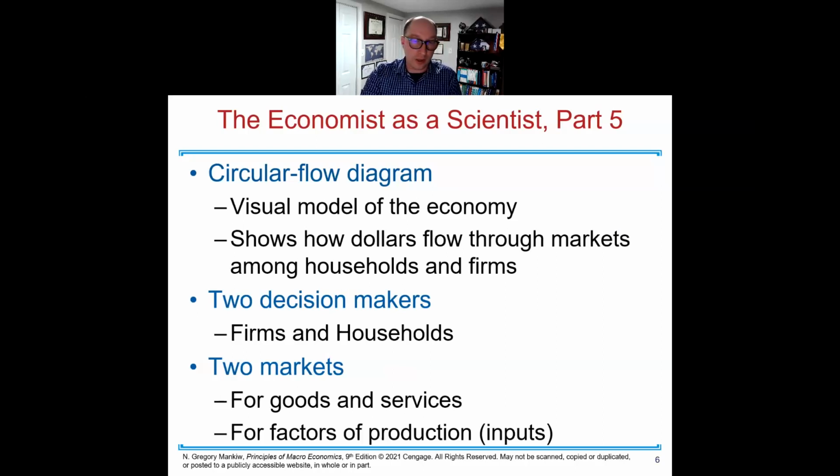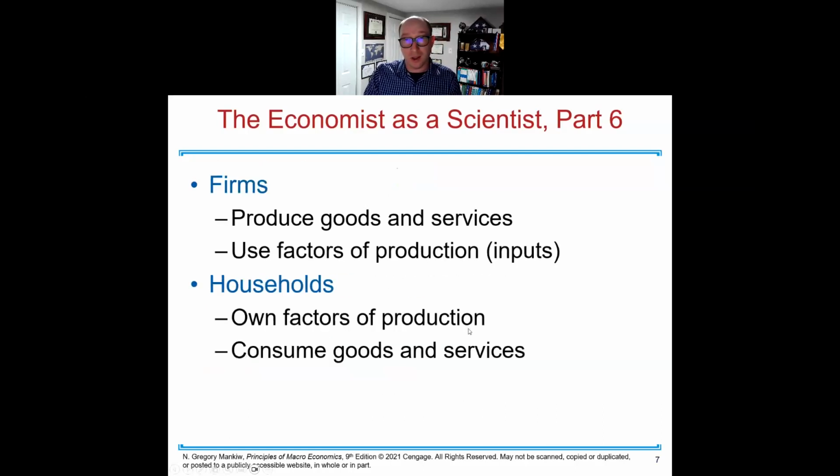So there's really the two markets for goods and services, the households and the firms. And we look at the factors of production, which we call inputs. So if you think about the economy as a whole, there's two markets within the economy. There's the households and the firms.